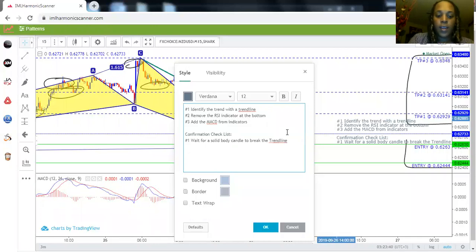Right? And then number 2, wait for both MACD lines to cross histogram on the MACD indicator.